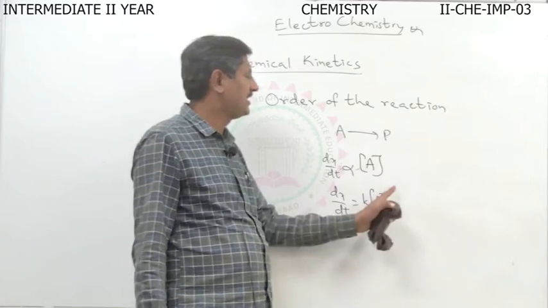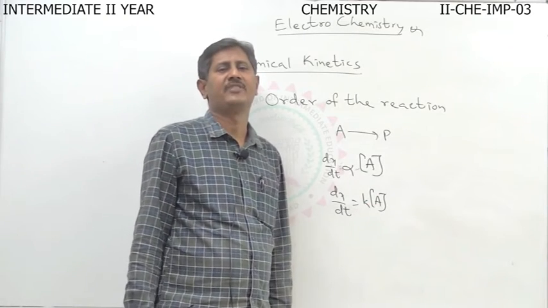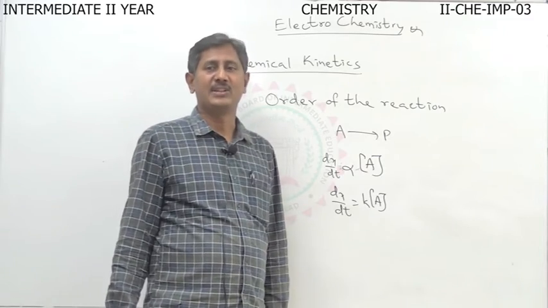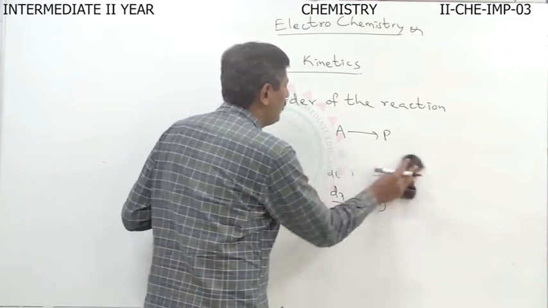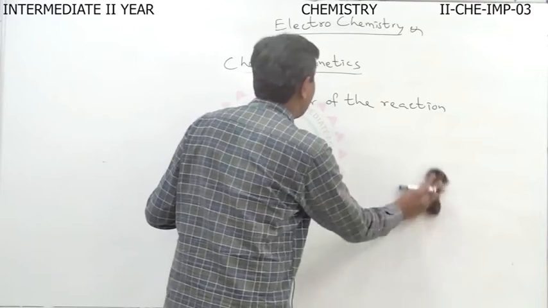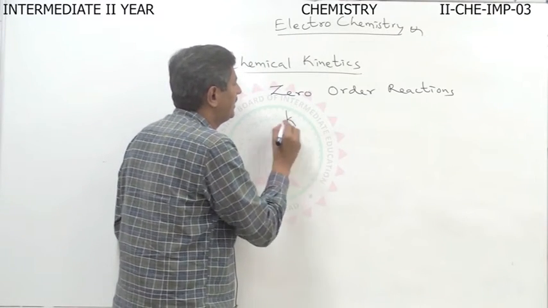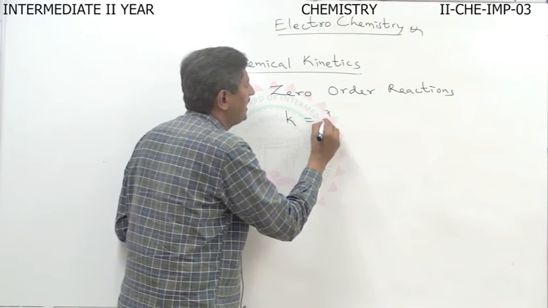If the power is 0, then the reaction is called a zero order reaction. Now we can see some zero and first order reactions.